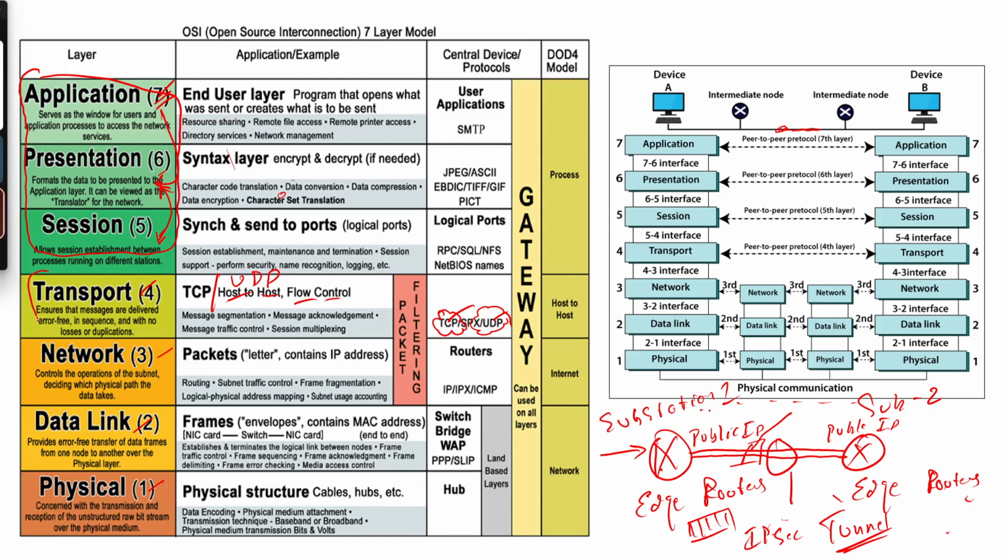The bottom layers are all about establishing connectivity, and the top layers are all about exchanging data, correct? The application layer can be HTTP, HTTPS, SMTP, and so on. This is where you can see, at a very high level, how devices communicate.